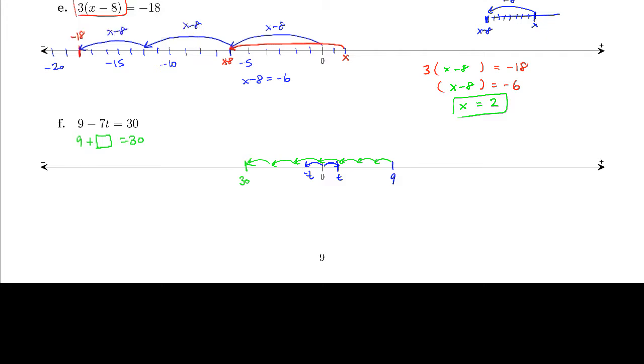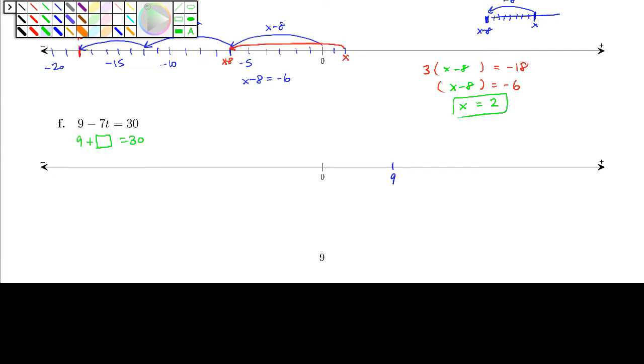So let's change it to be this way. Let's say t is a negative number. So subtracting t would be in the positive direction. So I'm going to subtract t, 3, 4, 5, 6, 7.